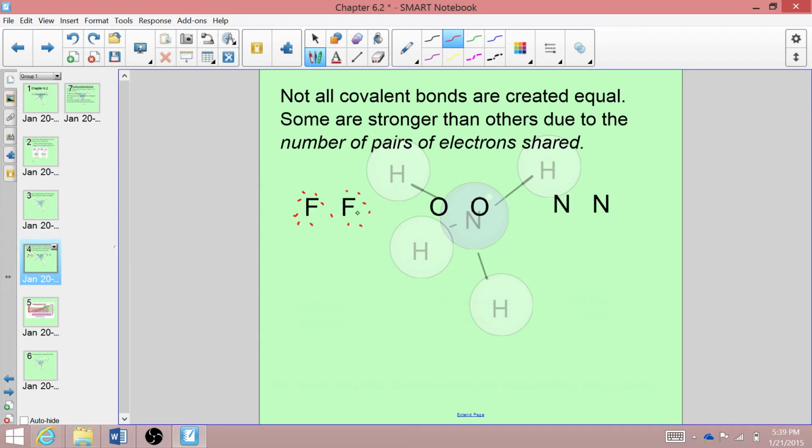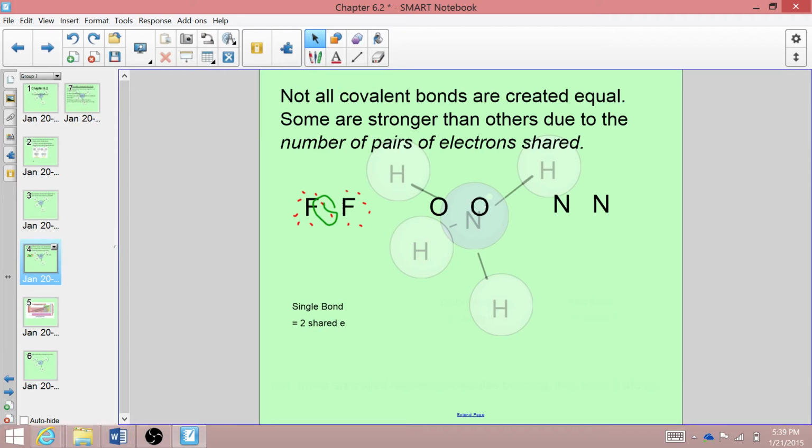Now, in order for this atom to have 8 and this atom to have 8, there's a really simple solution. They just have to share these two electrons between them. Now, we can count this electron over here to make 8 and this electron over here to make 8. They're being shared. Now, this pair of atoms is sharing 2 electrons, and this is what we call a single bond. When 2 electrons are shared, it makes one single chemical bond.